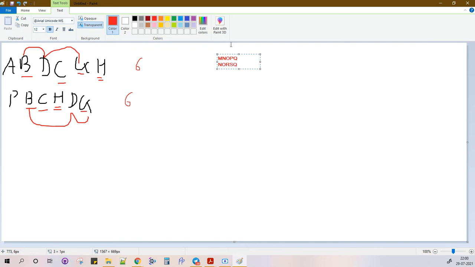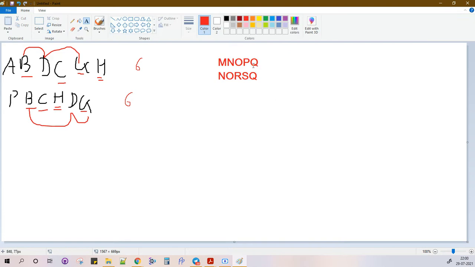The length of the longest common subsequence is the length of the LCS of m minus 1 comma n minus 1. So it is LCS of 5 comma 5, with positions 1 2 3 4 5. So I am solving the problem of 5 comma 5.